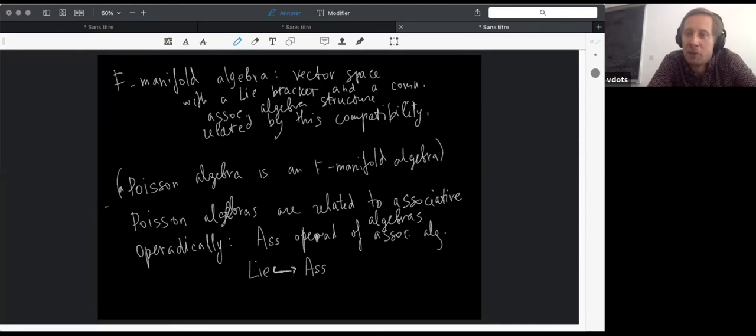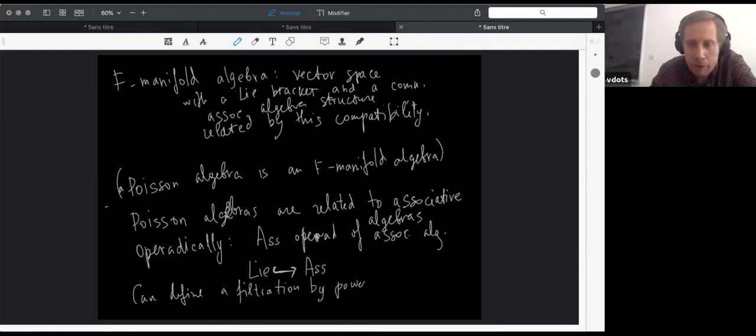You have filtrations on the polynomial rings, on power series rings, by the powers of the maximal ideal. Here, the ideal is not maximal, but, well, who cares? So we can define a filtration by powers of the ideal generated by the Lie bracket.